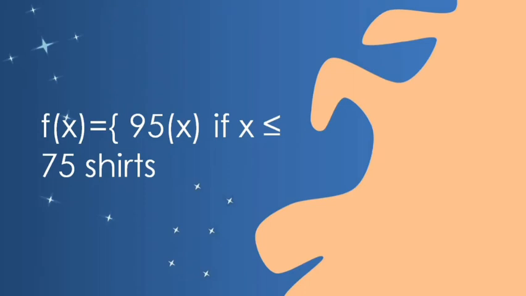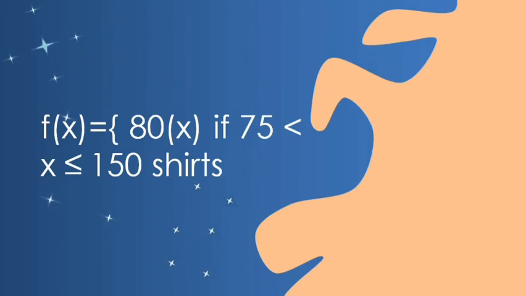The equation basically means that if the exact number of shirts Thomas bought from the vendor is less than or equal to 75 shirts, then we'll multiply that exact number by 95, because one shirt each costs 95 pesos.